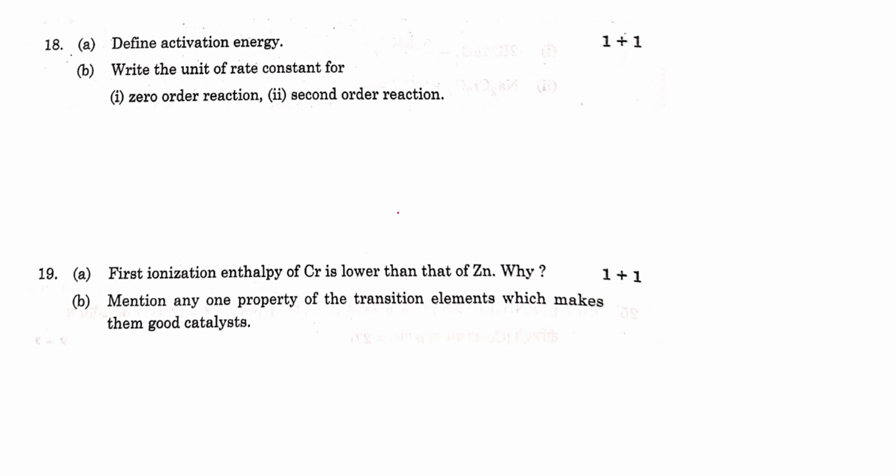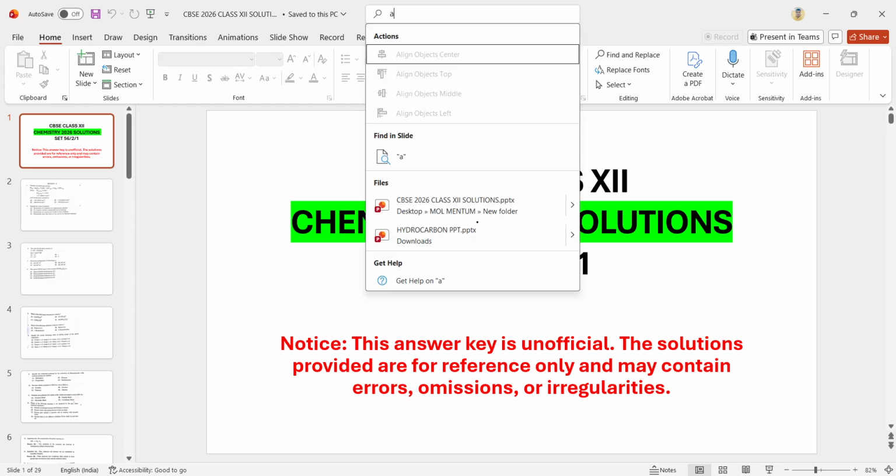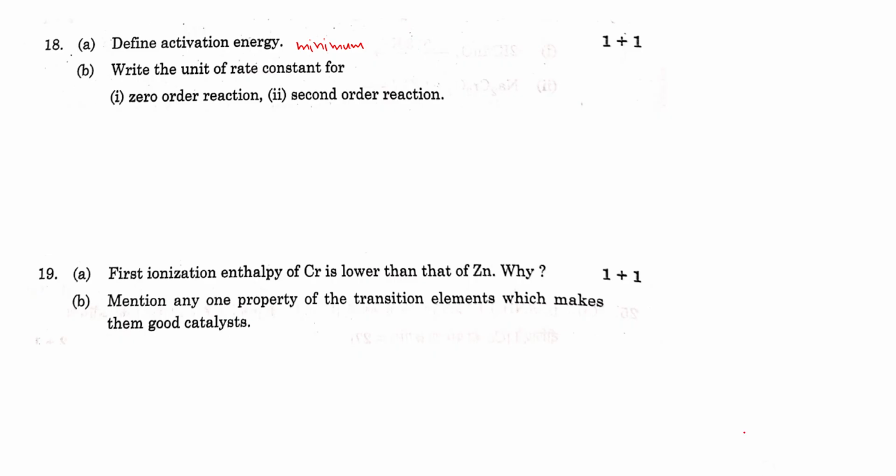Next question. What is activation energy? A very simple question. Activation energy is the minimum amount of energy required to cross the activation energy barrier, or I can write it as the threshold barrier.